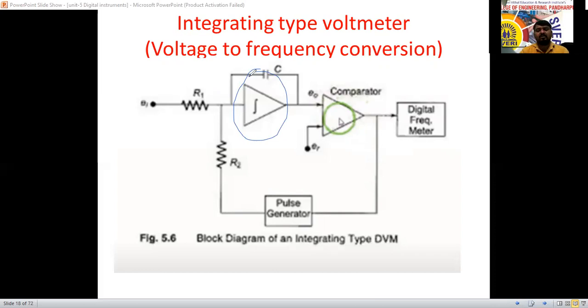What does it consist of? Mainly it consists of one input voltage. We are providing the input voltage here. This is EI. Because of this input voltage, some current will flow, I, or we can call it I1.